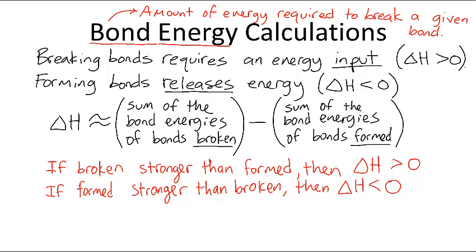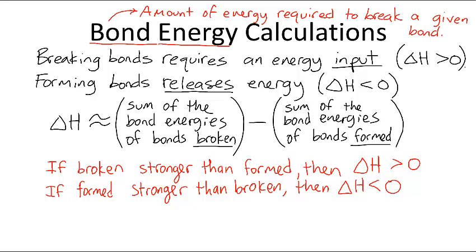The other thing about this equation is it ignores all the other forces that may be at play. It ignores any intermolecular attractions because it just focuses on bonds. So this equation really only works well when I have all my reactants as gases and all my products as gases. Why do I say gases? They're too far apart to really experience intermolecular forces. Yeah.